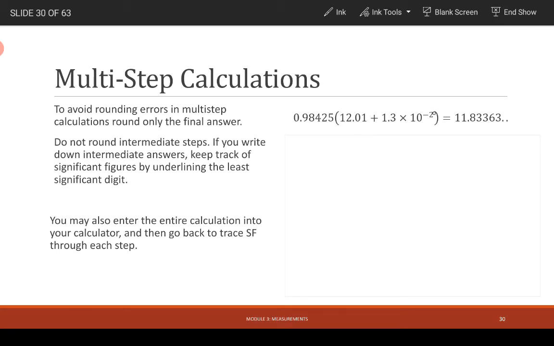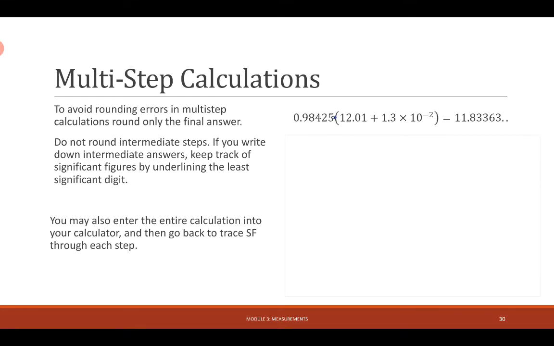Make sure you include the parentheses, and this is an implied multiplication in between here. So you can just type this all into your calculator, hit enter once, and you end up with 11.83363, and then even more digits past that. I just wrote ... to remind myself that there's more digits there.